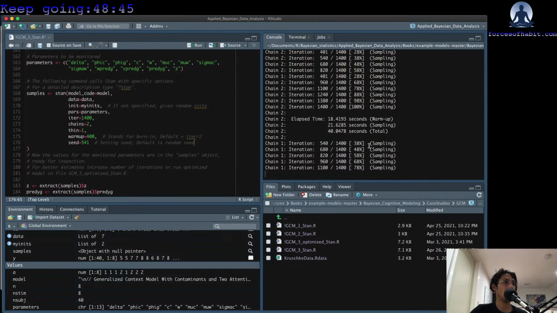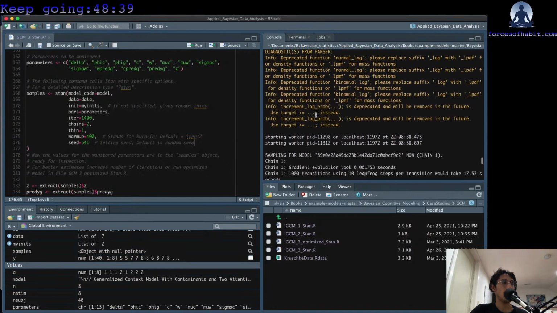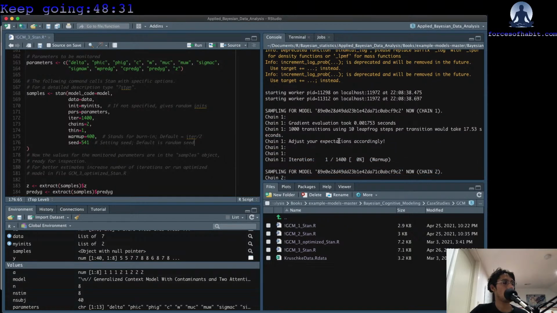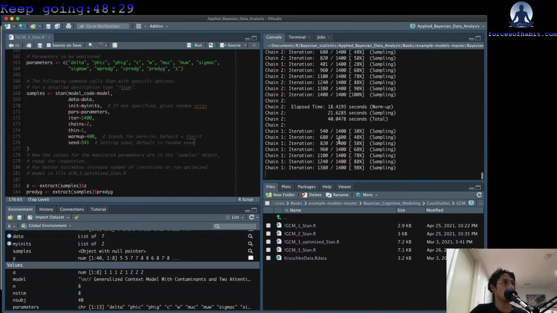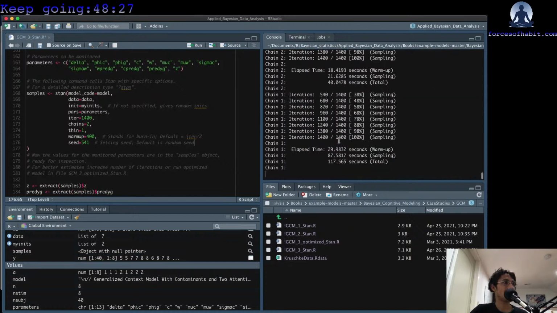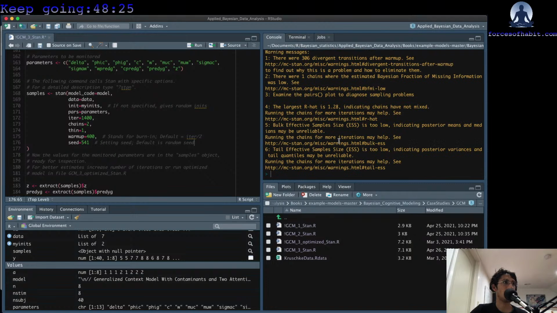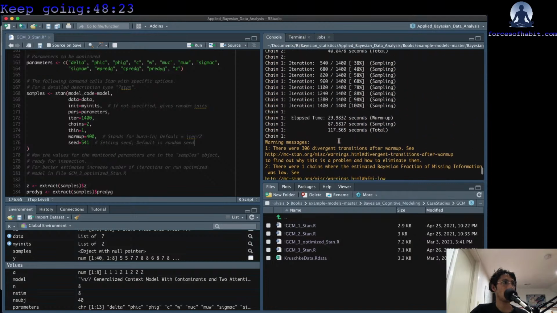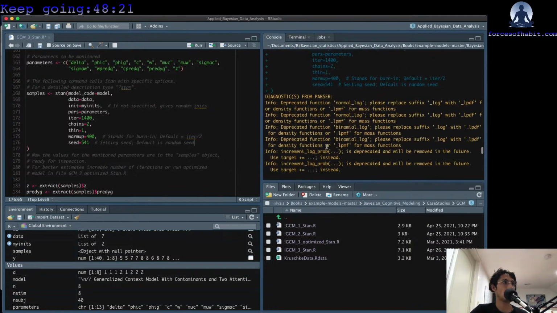We'll see if increasing the number of iterations and the burn-in period helped with the issues we were having with the model originally. Doesn't look like it. We have 306 divergent transitions now.